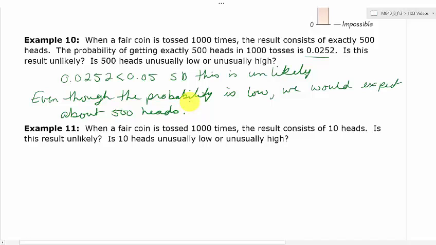So remember, what we expect and something's probability of occurring can be different things. Don't get those two confused.